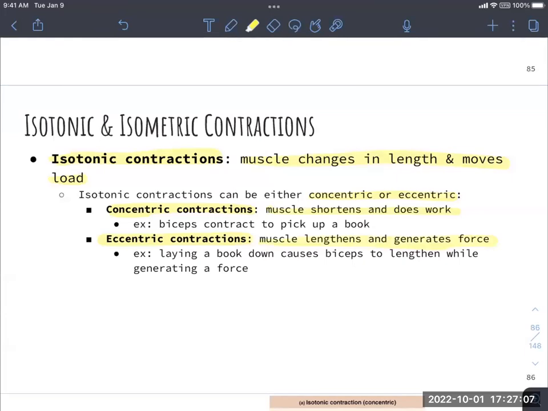Concentric, you're picking up a pencil or a pen. Eccentric, you're putting that pencil or pen back down. That is the difference between the two. Are you picking up something? That's concentric. Are you putting something down? Oh, that's eccentric.